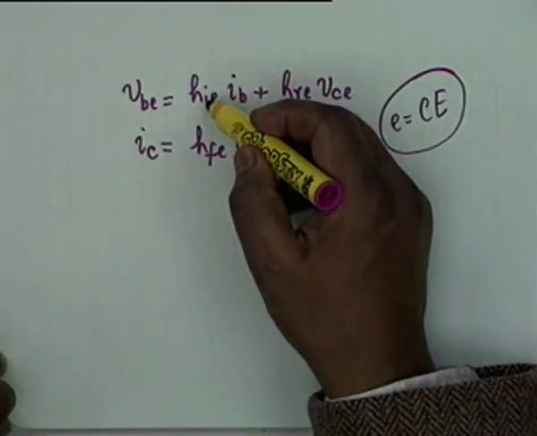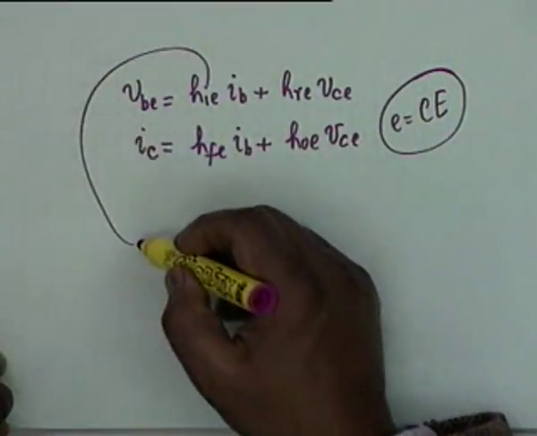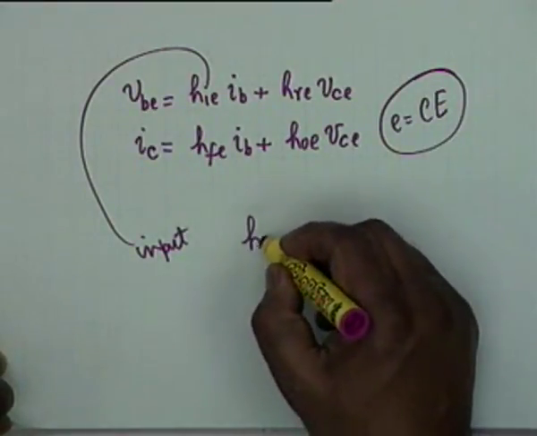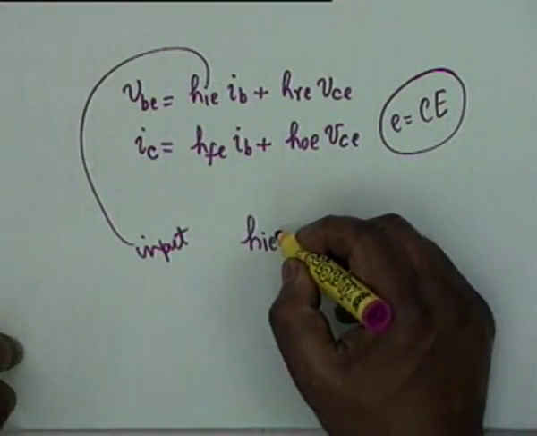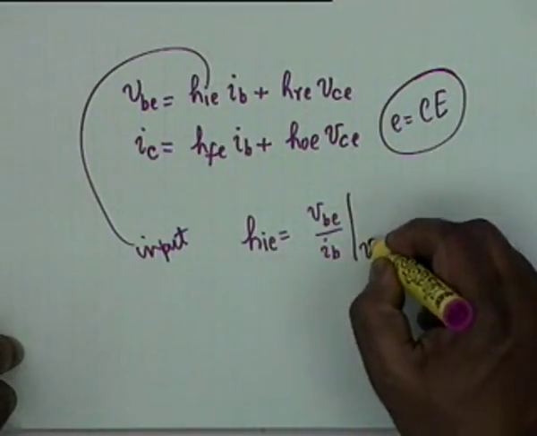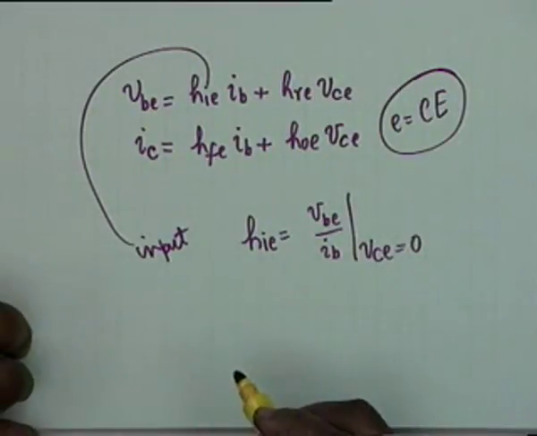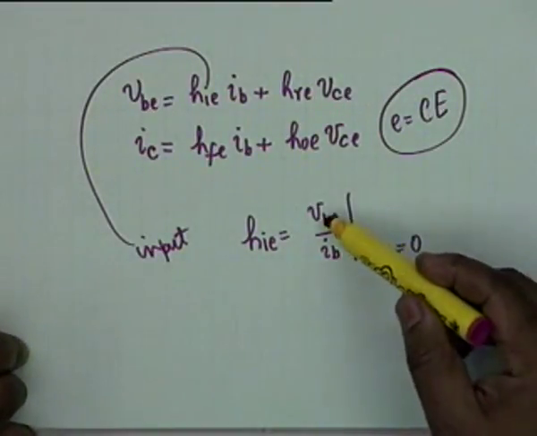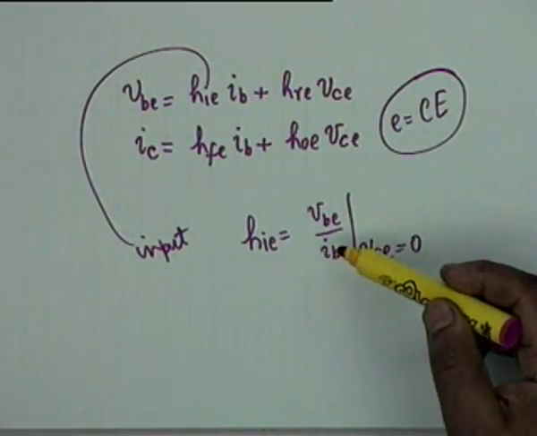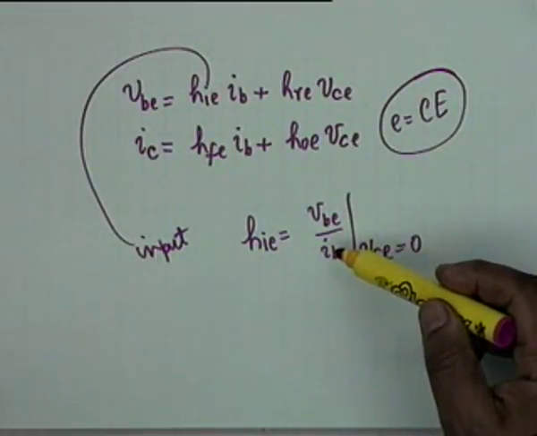The first I, this I stands for input. As you can see, HIE is equal to VBE divided by IB under the condition VCE equal to 0. Naturally, VBE and IB are at one single port, at the base emitter port.